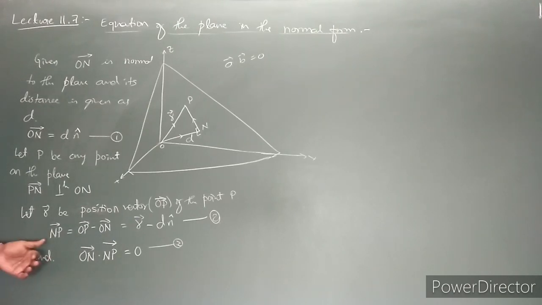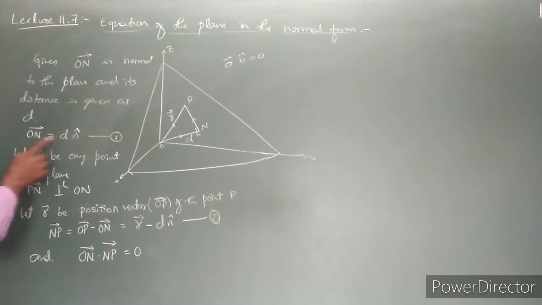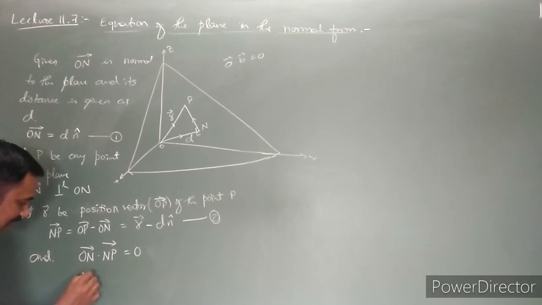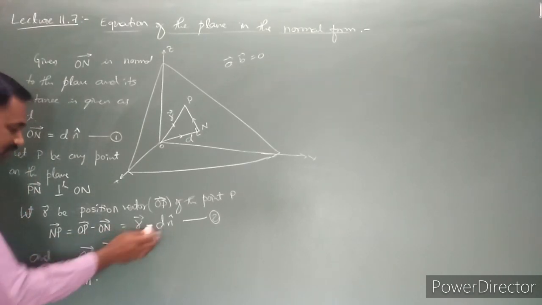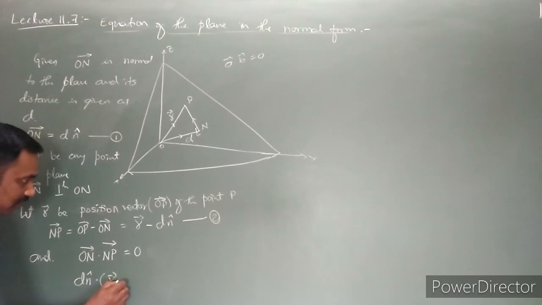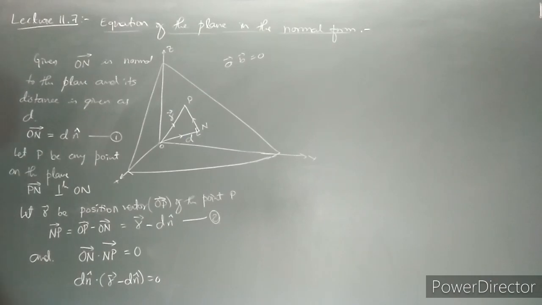Now replace the NP value and the ON value in equation 3. What do we get? Next, replace the ON value: from equation number 1, d into n cap, dot product with the NP value, R minus d into n cap, is equal to 0.